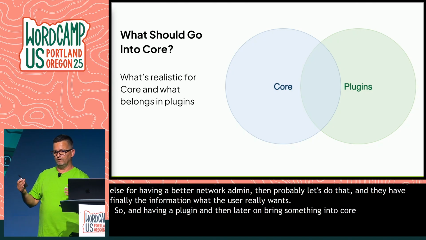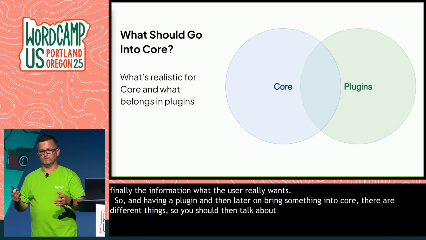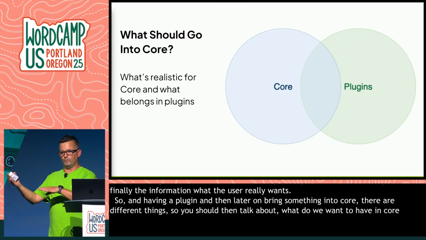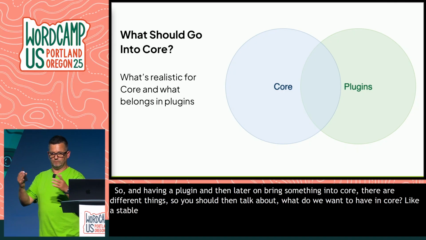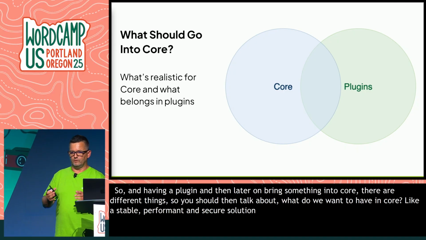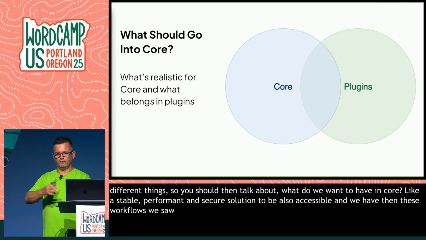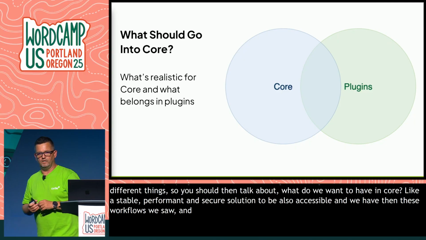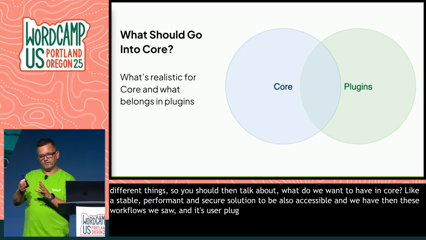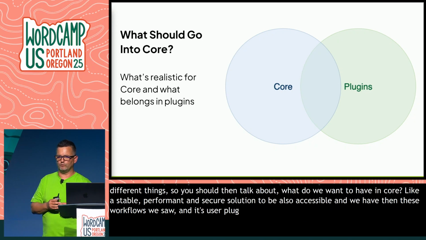We should then talk about what we want to have in core, like a stable, performant, and secure solution that should also be accessible. And you have then these workflows we saw, sites, users, plugins, and themes. And we can fix these gaps of the roles and the visibility of the roles.